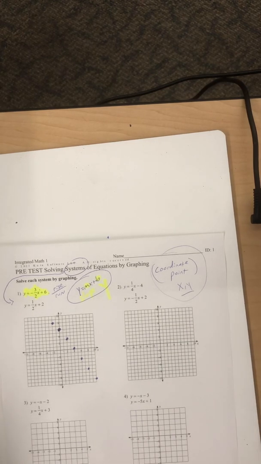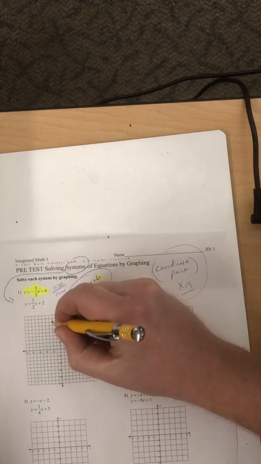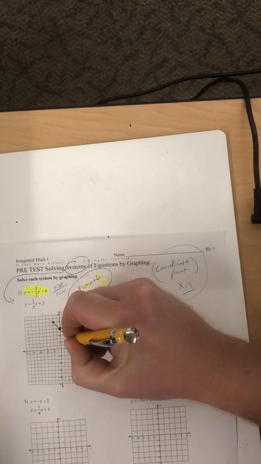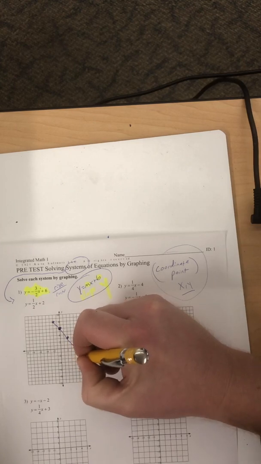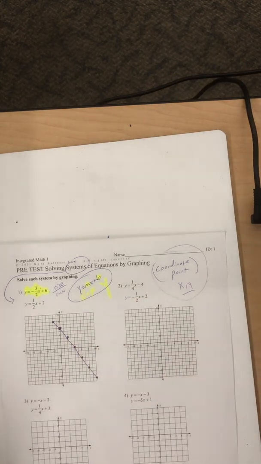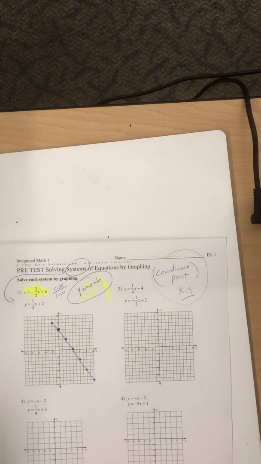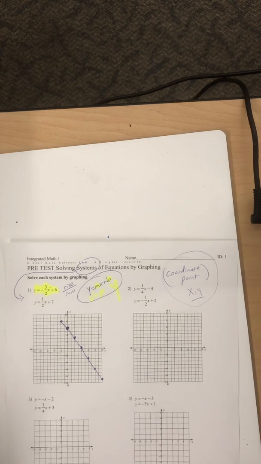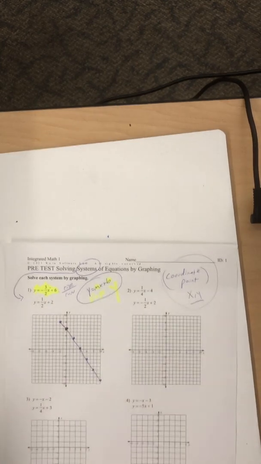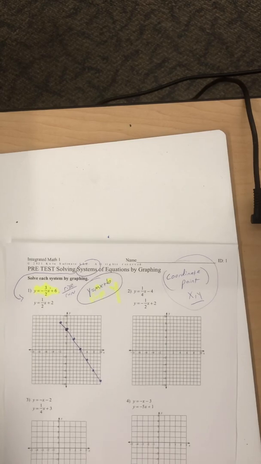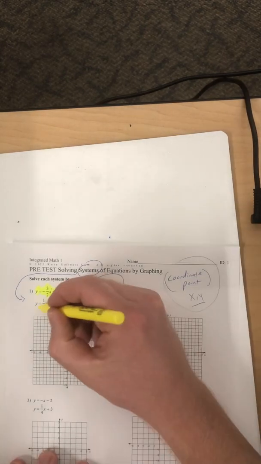This is our line. I'm going to draw it as straight as possible. Oh, epic fail. That was terrible. Right? So, boom. First line is done. Now I can focus on the second line.